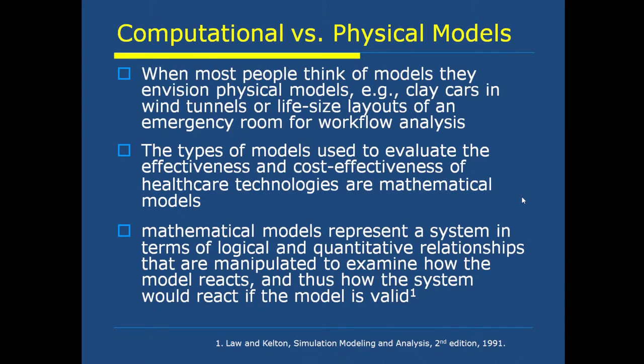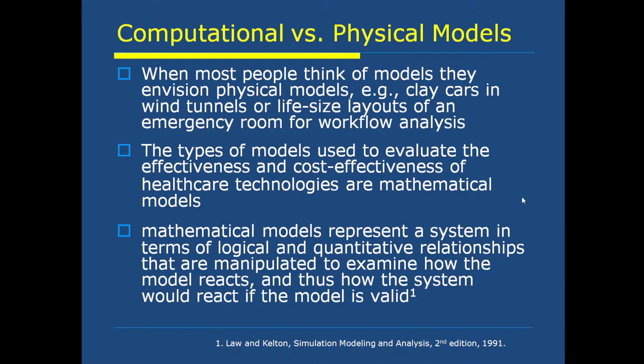What are the main differences between mathematical and physical models? Most people think of models and envision physical models. For example, clay cars in wind tunnels or life-size layouts of an emergency room for a workflow analysis.